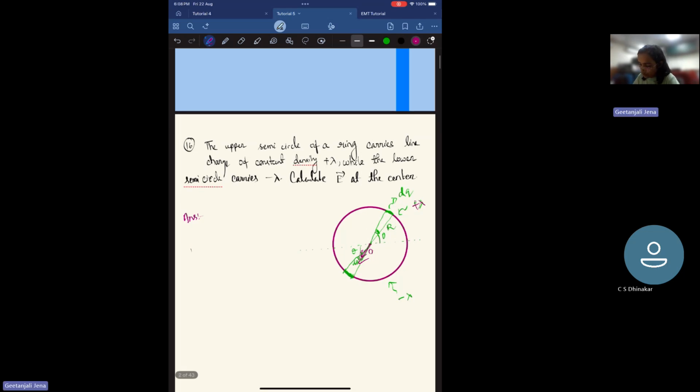So they will add up to give the total electric field. For the upper semicircle, the field will be K dq by R squared, in the direction r-hat. dq will be lambda R d theta, right? Divided by R, so one R will cancel.